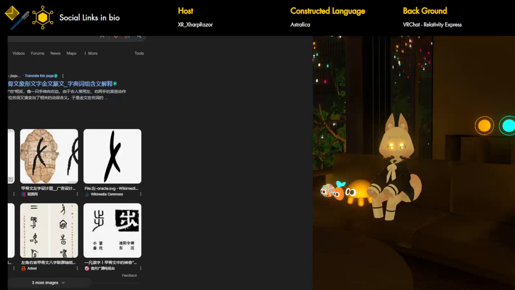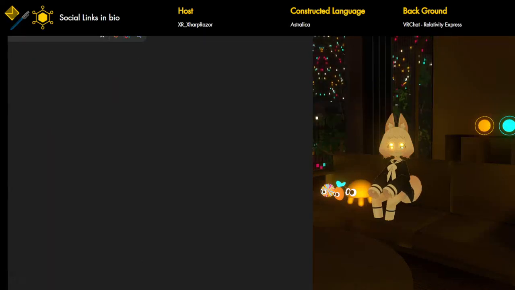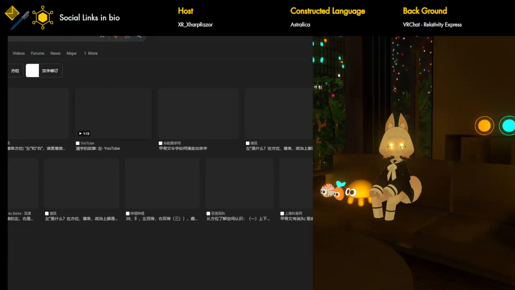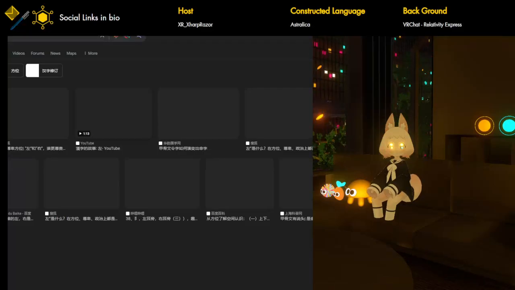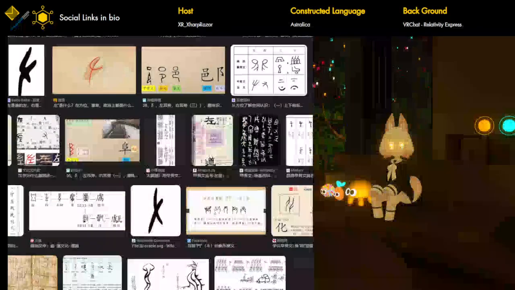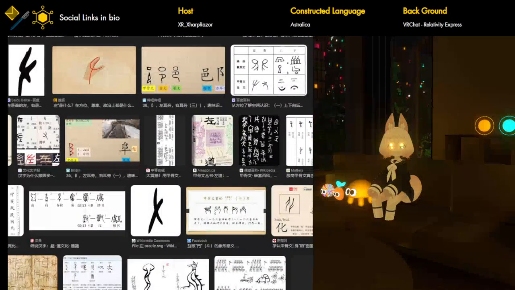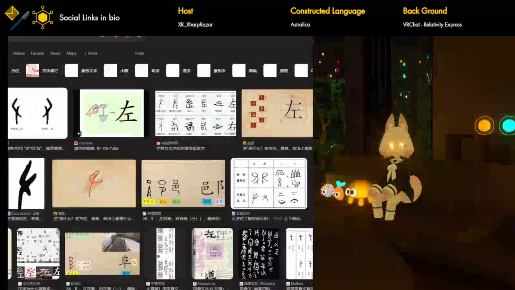If we take a look at the images over here, we're just gonna wait for them to load a little bit, but I'm also streaming and searching on Google, so that's not exactly that good.